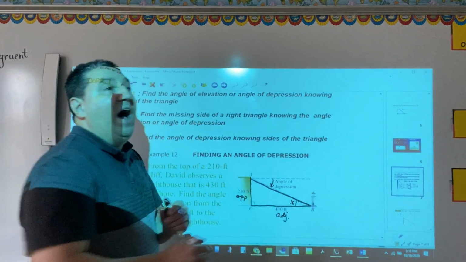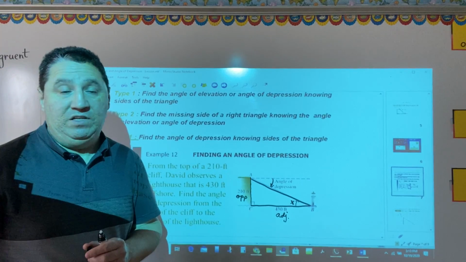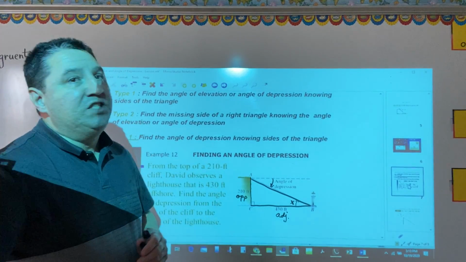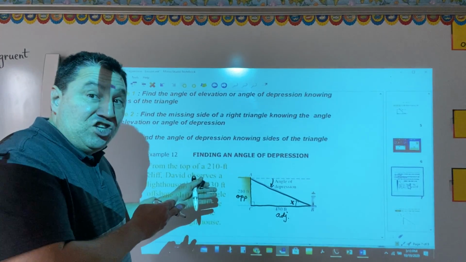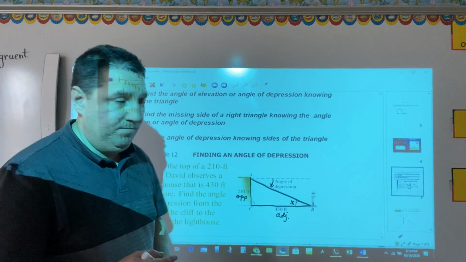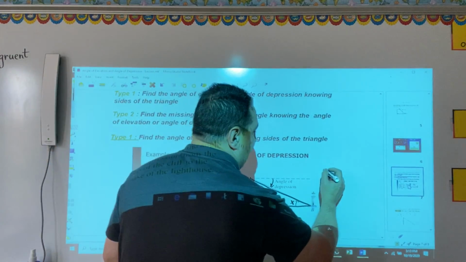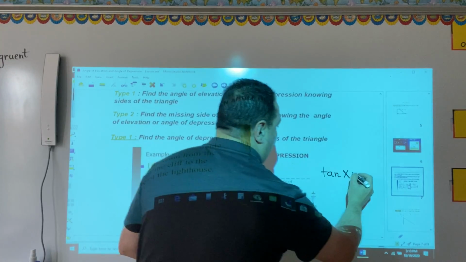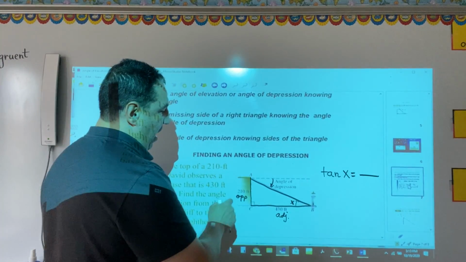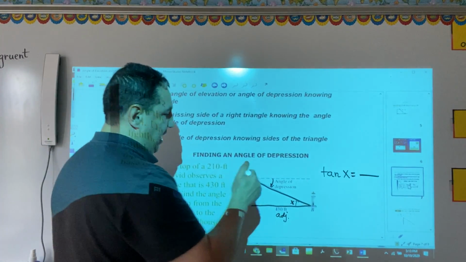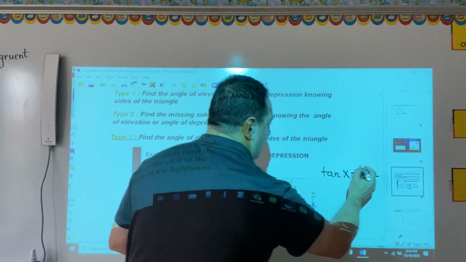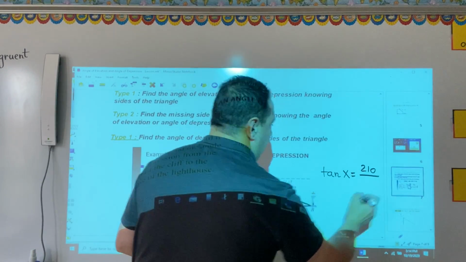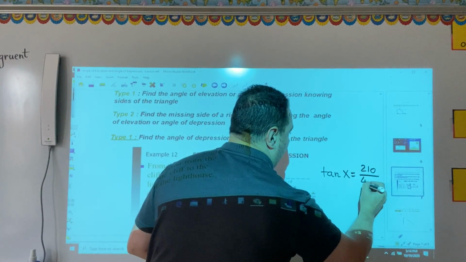Because these two sides are given, we're going to use tangent of the angle, right? So we can write tangent of angle x would be the ratio of opposite and adjacent. Opposite is on top, so we write 210, in the bottom 430.